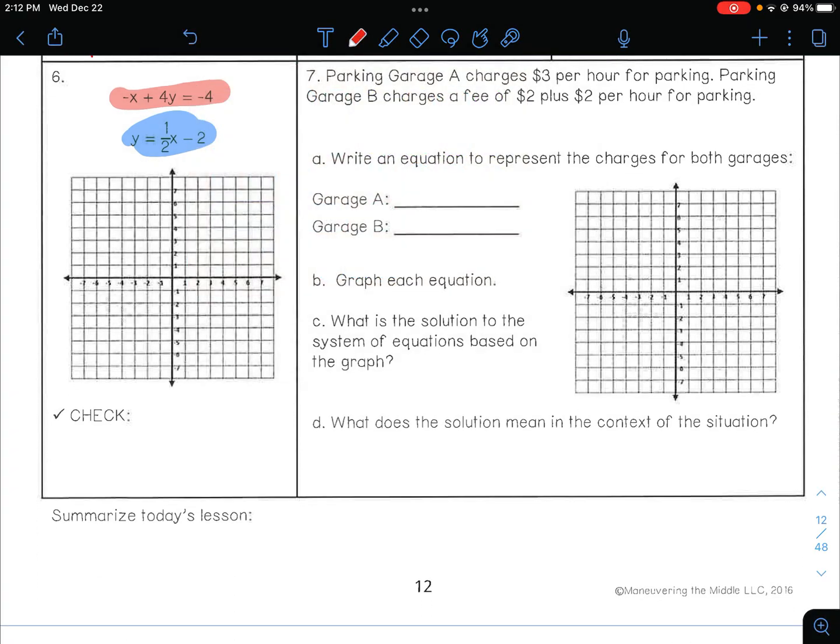All right, we got number 6 now. Slope is, we don't know. It's not in the right form. We need to get y by itself. So I'm going to do some side work over here. -x plus 4y equals -4. Let's get rid of the negative x by adding x to both sides.